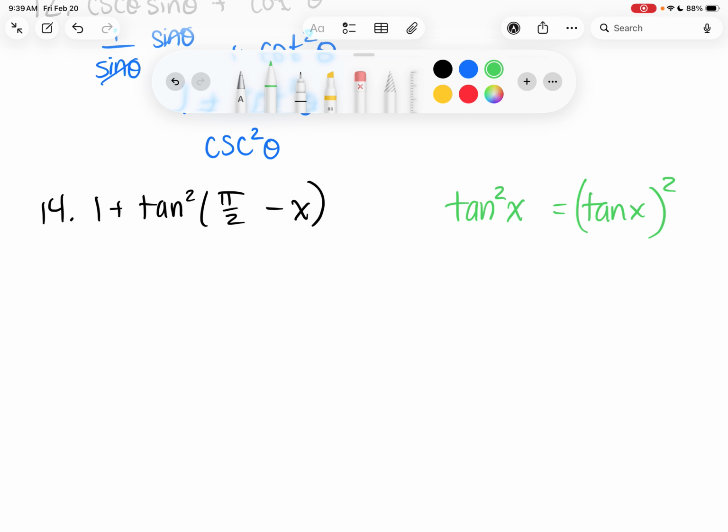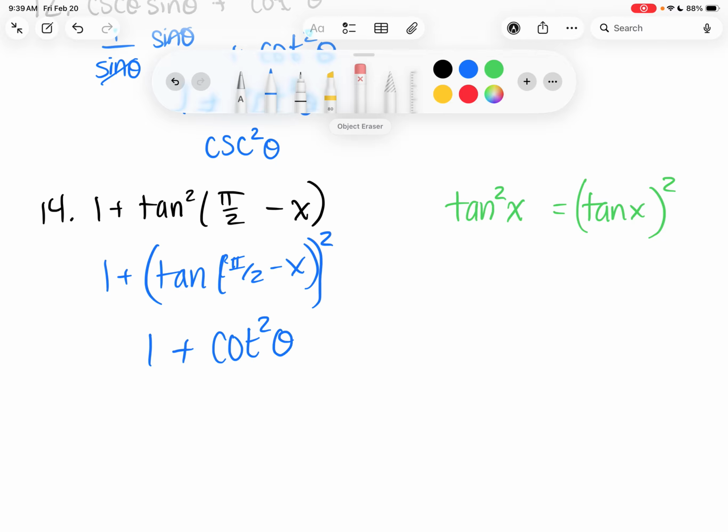So it's easier to think of this as 1 plus the tangent of pi over 2 minus x, squared. Using your identities, what is the tangent of pi over 2 minus x? Cotangent. So we have 1 plus, putting the square back in, cotangent squared of x, because that whole thing was being squared.